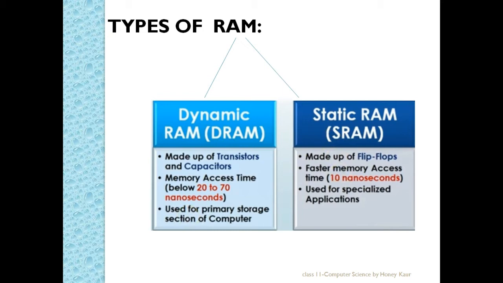Memory access time is 10 nanoseconds. So as compared to dynamic RAM, static RAM is a little slow. It is used for specialized applications, meaning special purpose software is basically used in static RAM. So these 2 types of RAM are used for different types of storage and different types of applications.